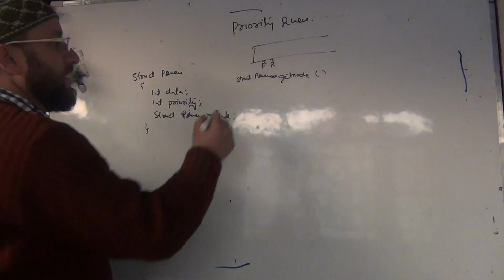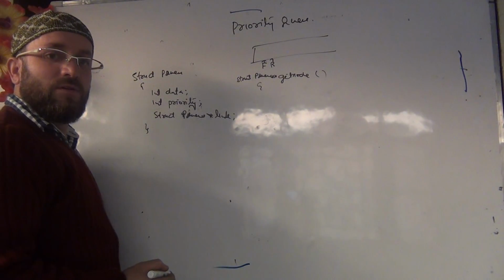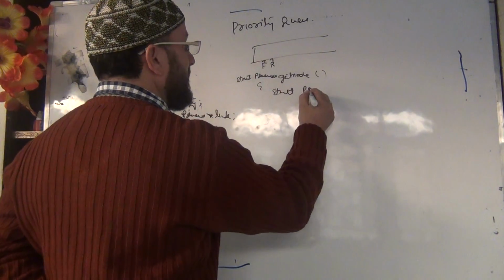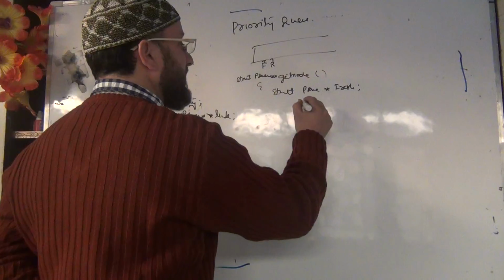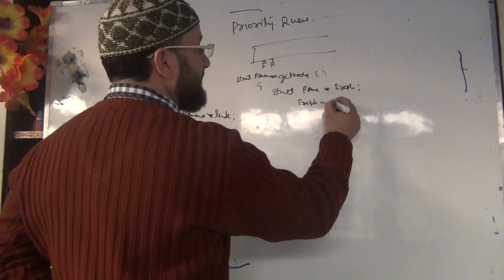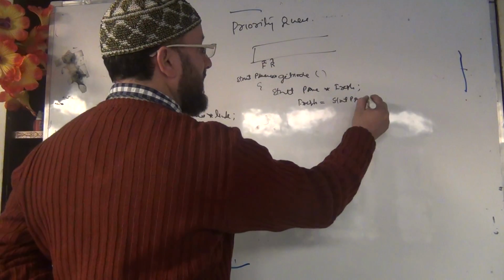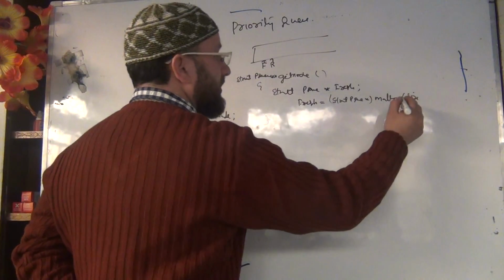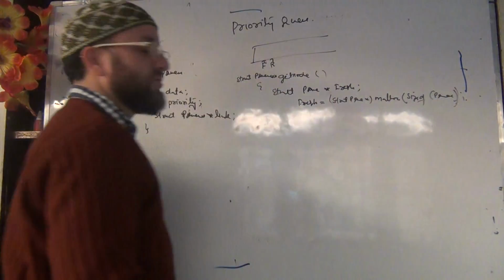Then in getNode, what I'm going to do is create a struct PQ asterisk fresh. Then I will say fresh is equal to, with the typecast, struct PQ asterisk, malloc of sizeof struct PQ.